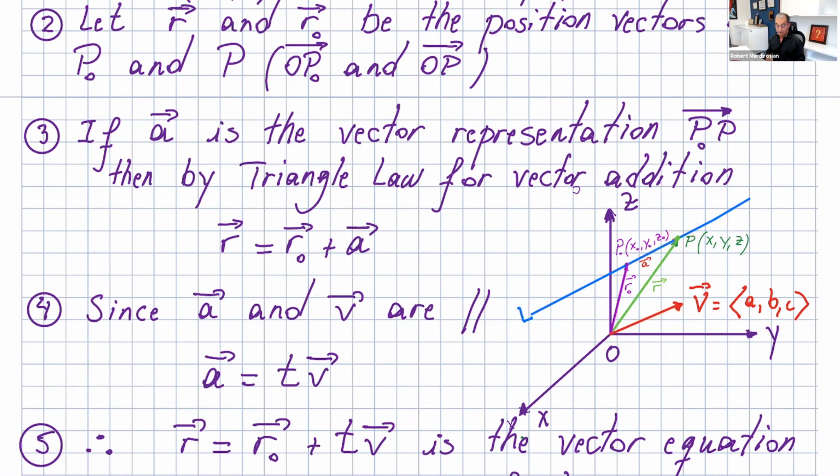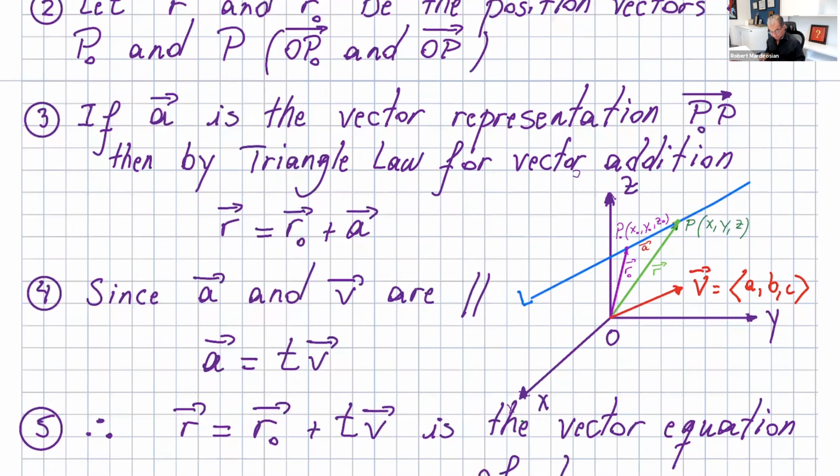And two parallel vectors are scalar multiples of each other. So we can write a as t times v. The vector a can be written as t times v.